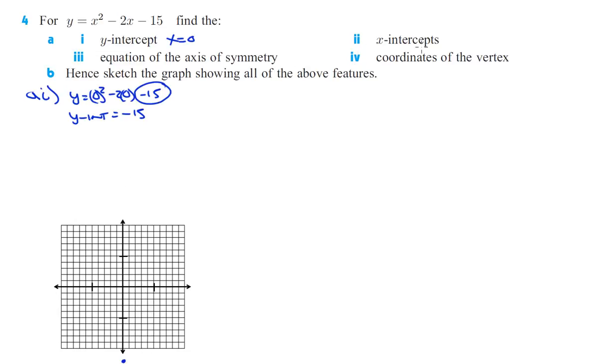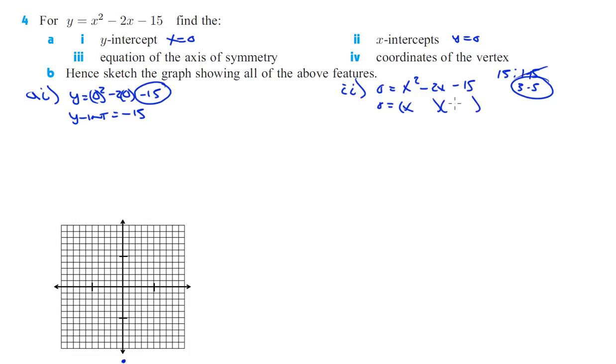Part 2, x-intercepts, that's when y equals 0. So we got 0 equals x squared minus 2x minus 15. We're going to try to factor this one. Factors of 15 that have a difference of 2. It's not 1 times 15. That doesn't work. 3 times 5 does have a difference of 2.